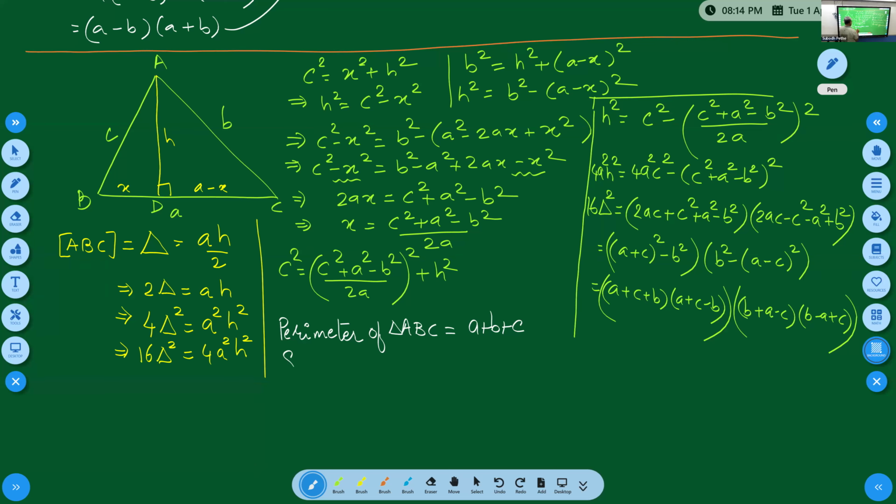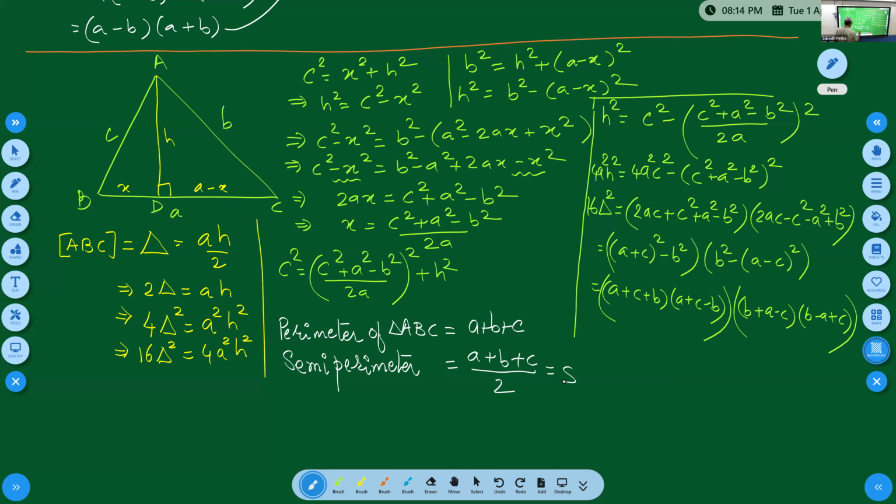Hence, semi-perimeter is equal to a plus b plus c upon 2, half of perimeter is semi-perimeter, which is also denoted by small s, semi-perimeter.